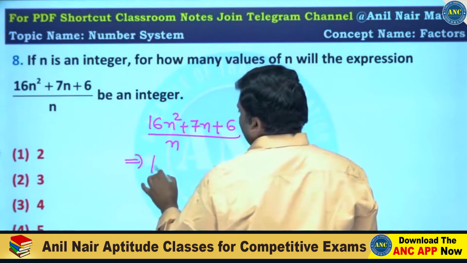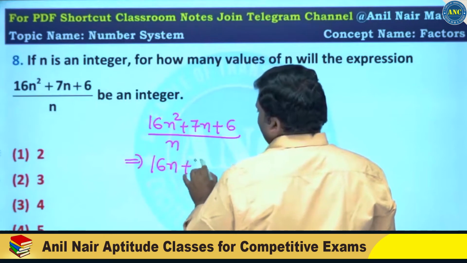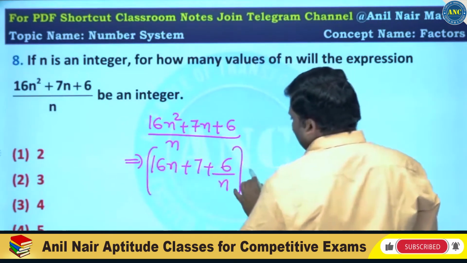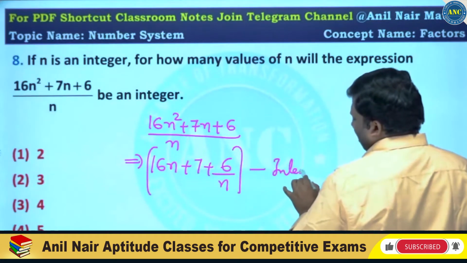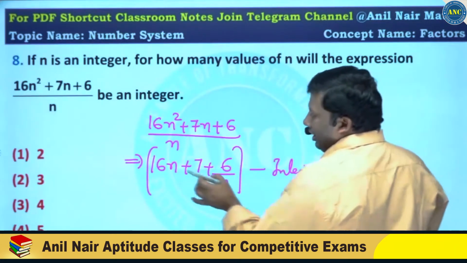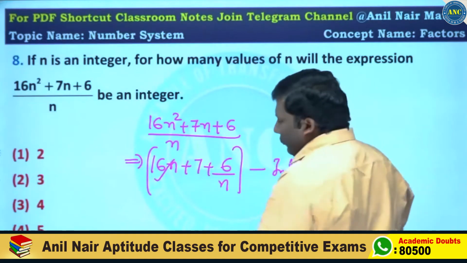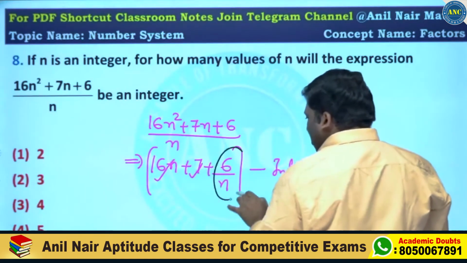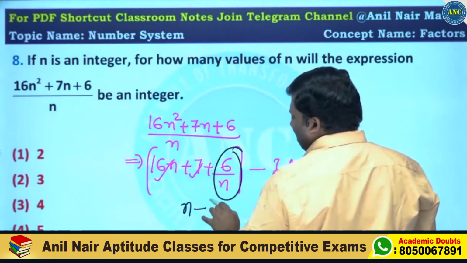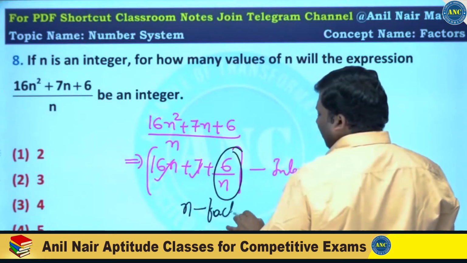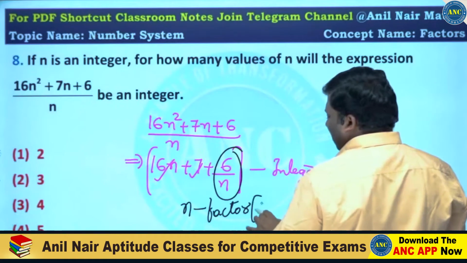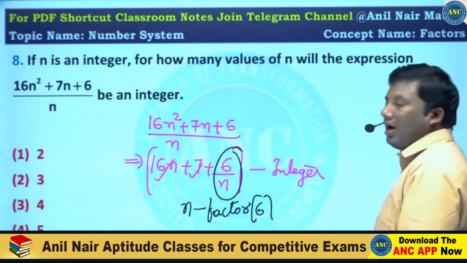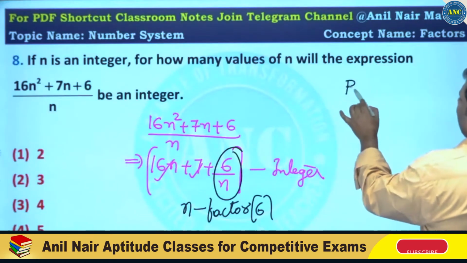So this will become 16n plus 7 plus 6 by n. 16n plus 7 is an integer. 6 by n should be an integer. That means n should be a factor of 6. This is basically a definition related question. I told you at the beginning the definition of factor.